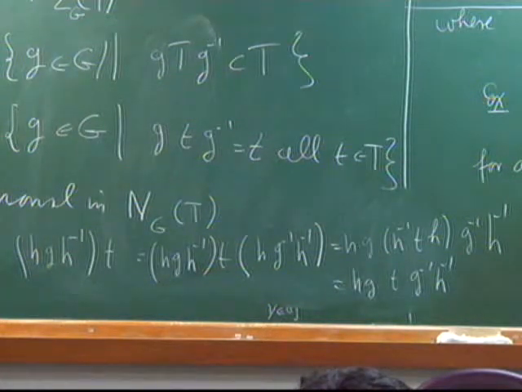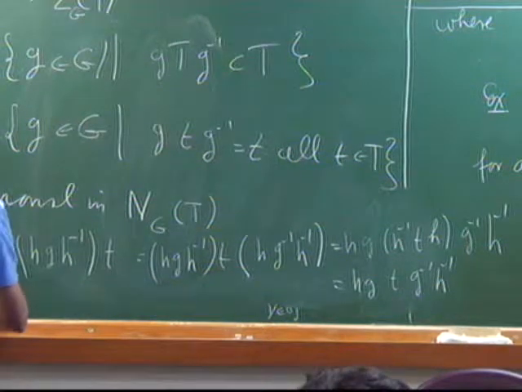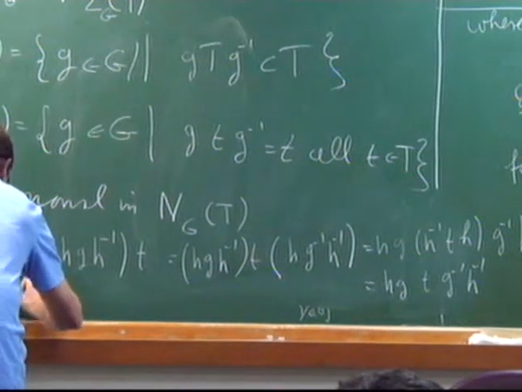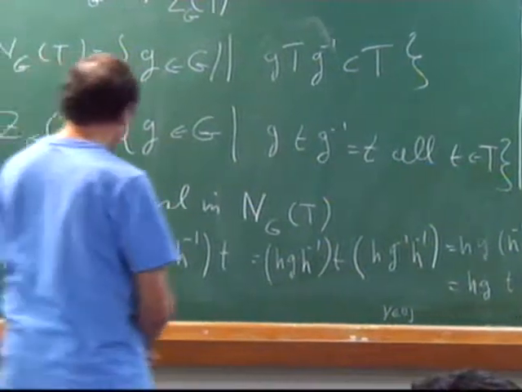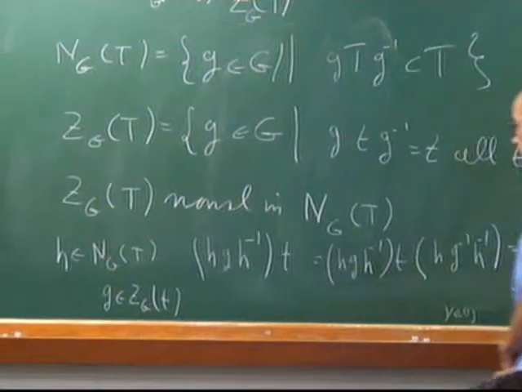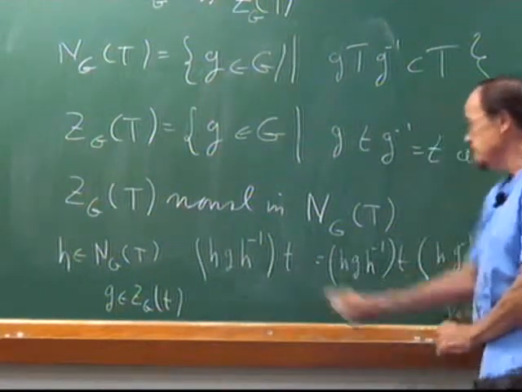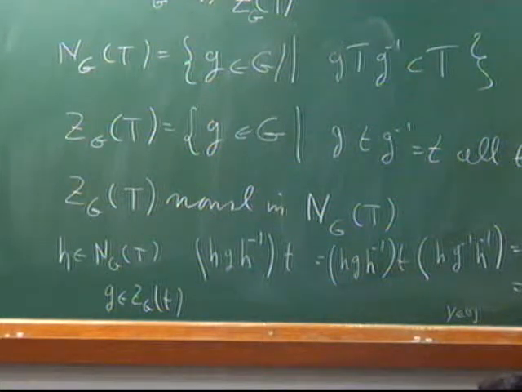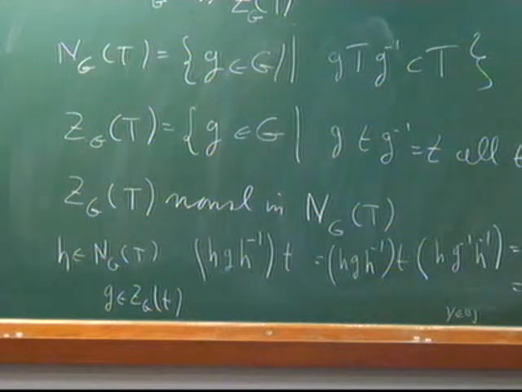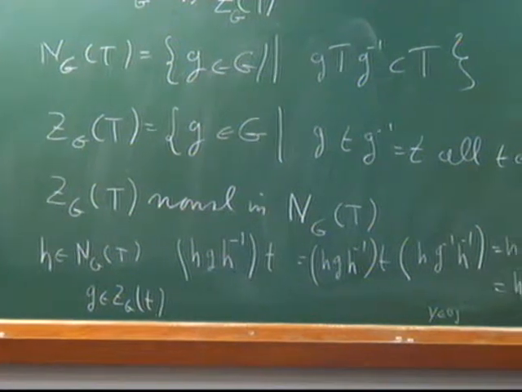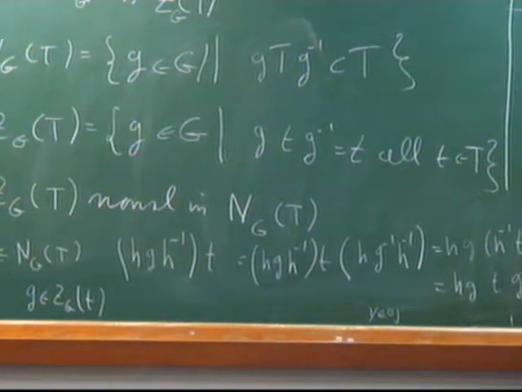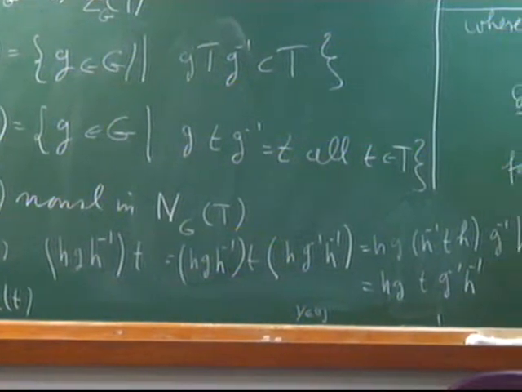Because of course that means I have to choose something in the centralizer. That means I should choose g in the centralizer, and I want to show that this again lies in the centralizer. So I apply to t. h lies in the normalizer, so this is not quite true, right?